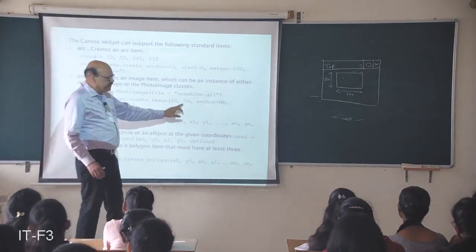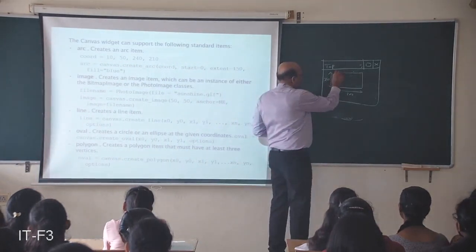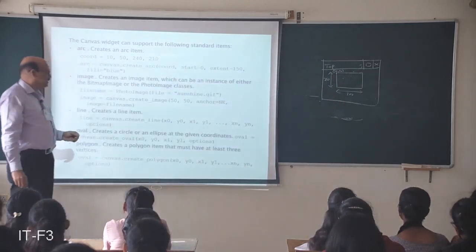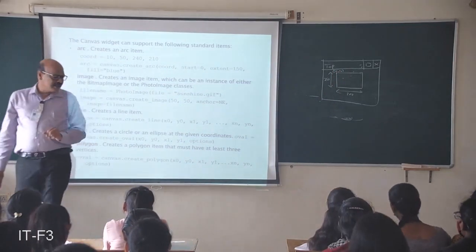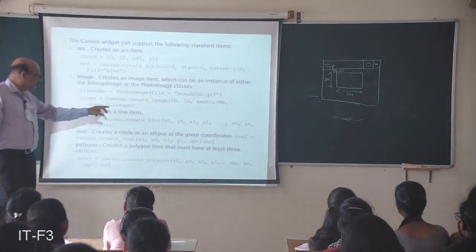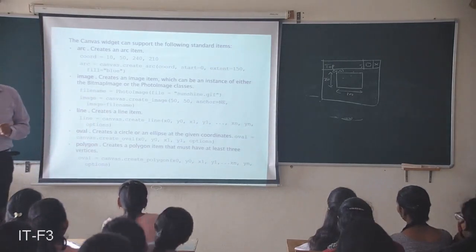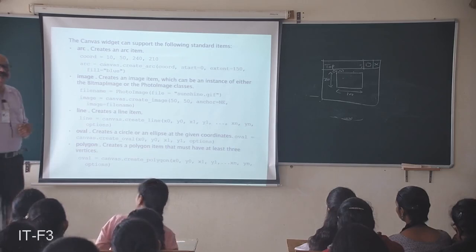So 50, 50 is the starting coordinate. From here, the image in its original dimension will be displayed. Then anchor is equal to NE and image is equal to the file name. What is this NE? Northeast. What do you mean by northeast?